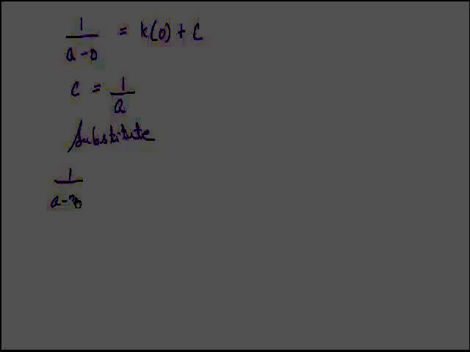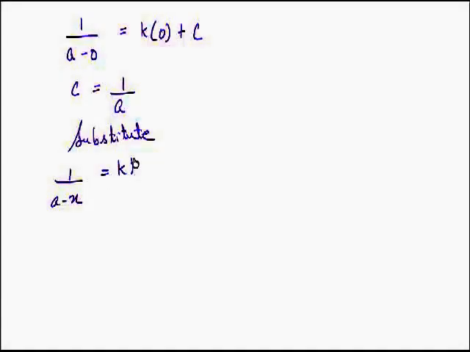Now if we substitute this in the equation, we'll get 1 upon a minus x is equal to kt plus 1 upon a.